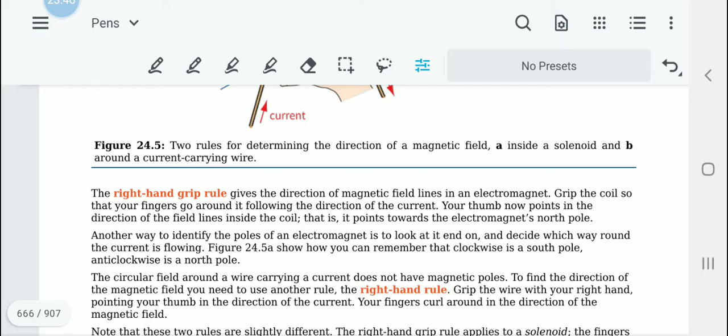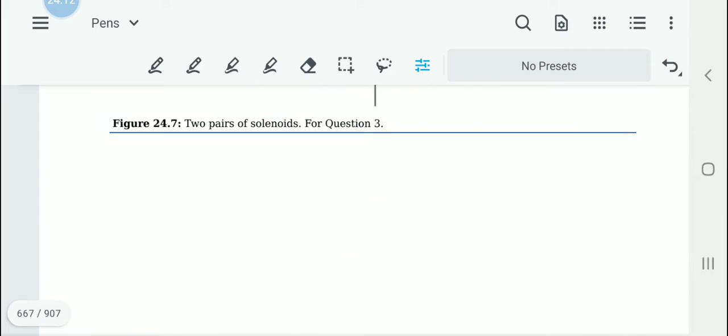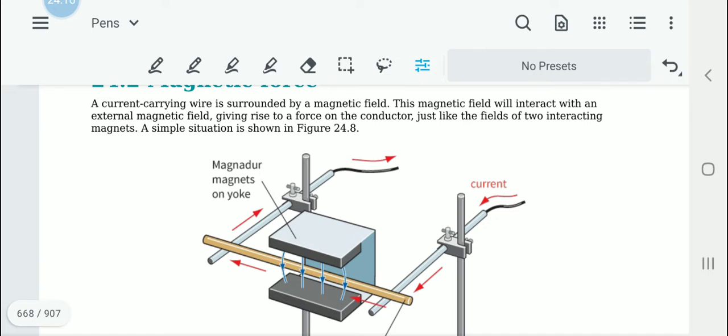The right hand grip rule would give us the direction of the magnetic field of a solenoid. I suppose you can remember all of those details. If you have any questions, please ask me.